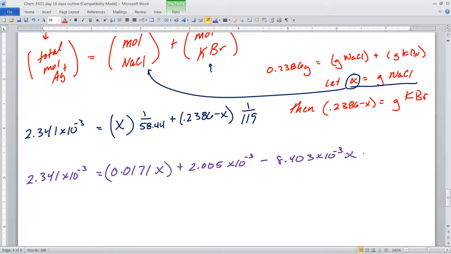Combine my x's. Bring this number over to the other side. Let's do that first. So 2.341 times 10 to the negative 3, subtract 2.005 times 10 to the negative 3, about 3.36 times 10 to the negative 4.